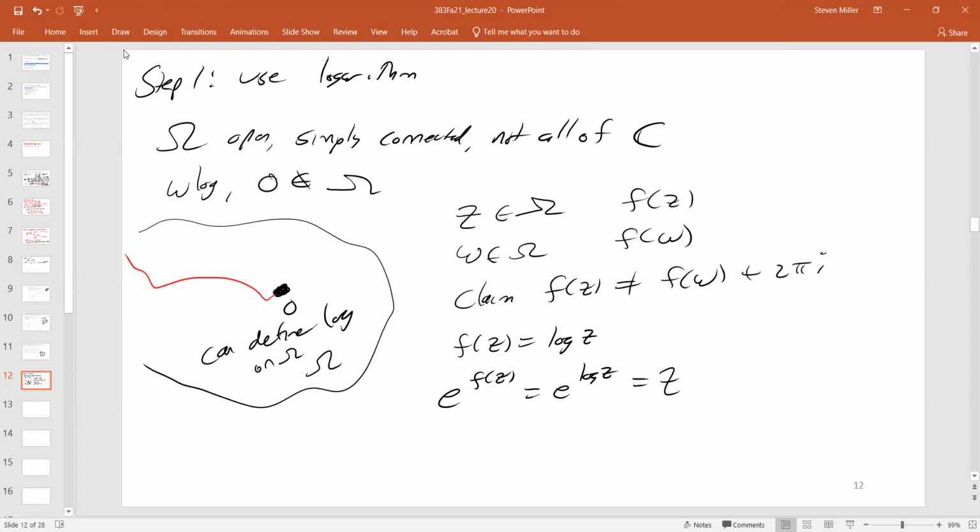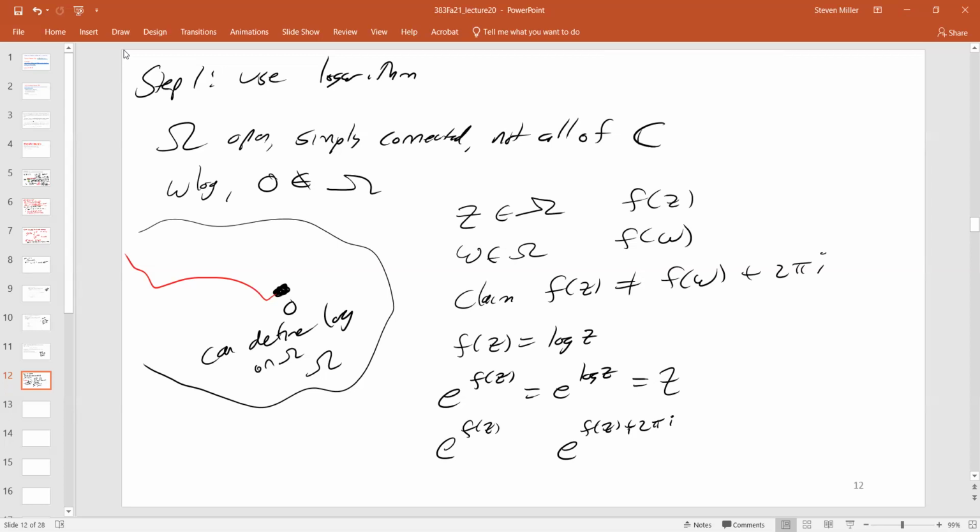What would happen if we had 2 points whose image differed by 2 pi i? What would have to be true? When you exponentiate, if we have e to the f of z, and we have e to the f of z plus 2 pi i, what do we know about these two values?